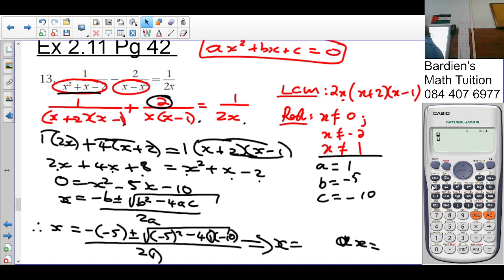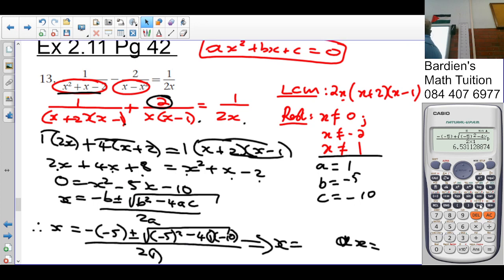You've got the negative, open brackets, negative 5, close brackets, plus the square root of negative 5 squared minus 4 times a, which is 1, times c, which is negative 10, over 2 times 1.